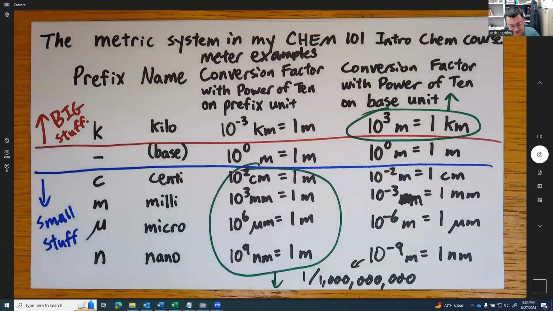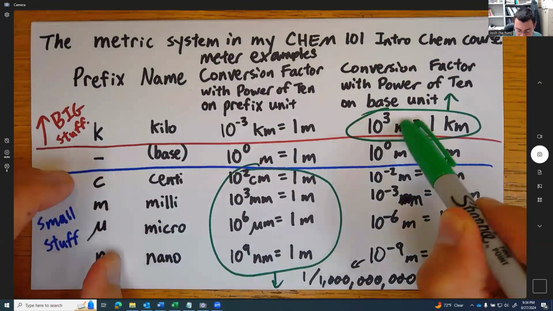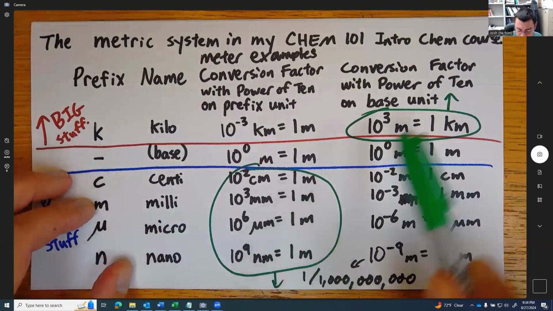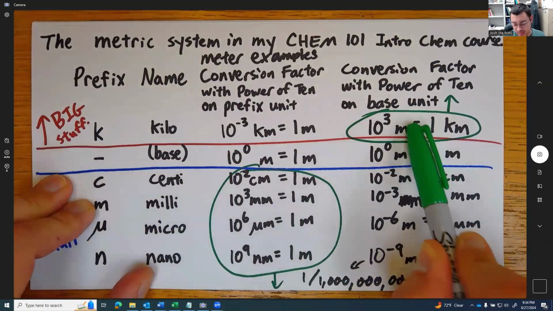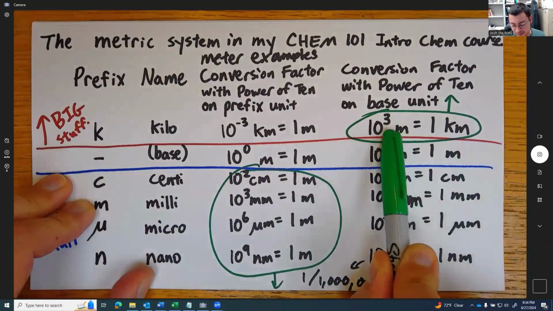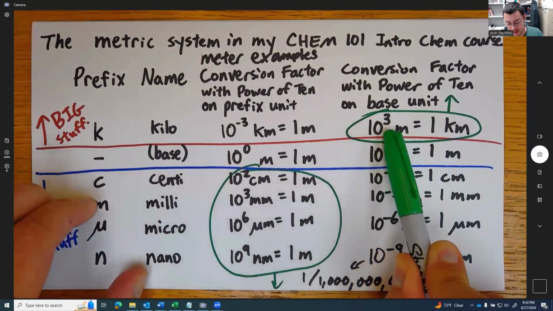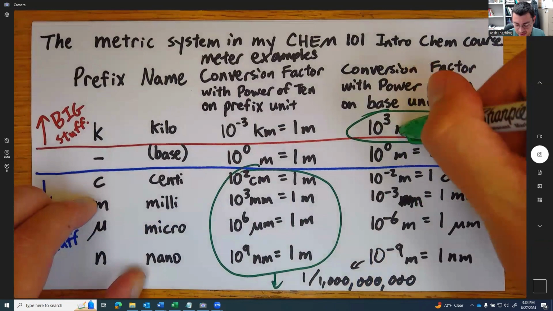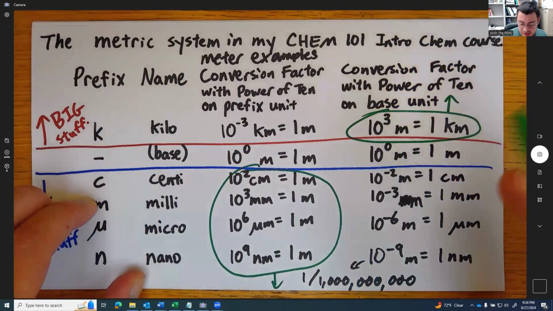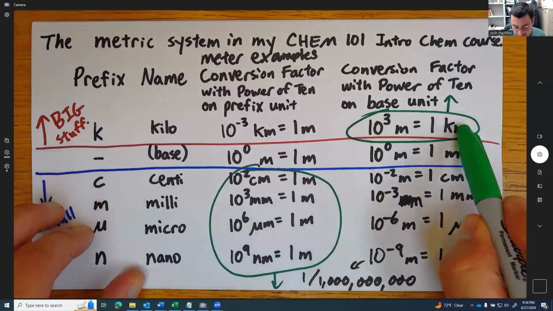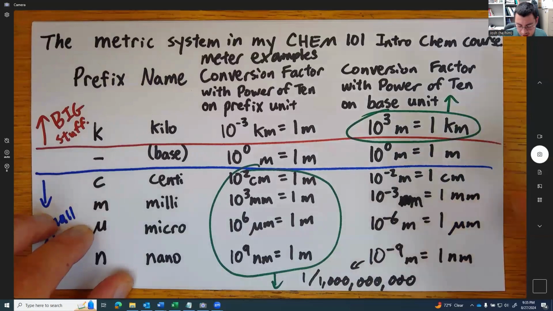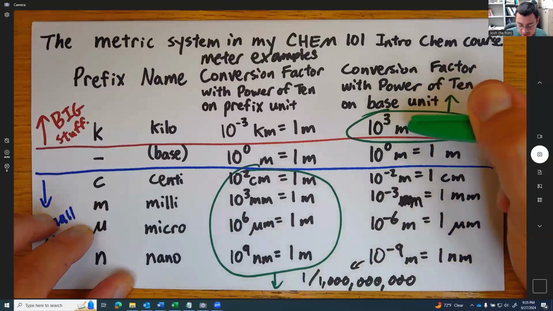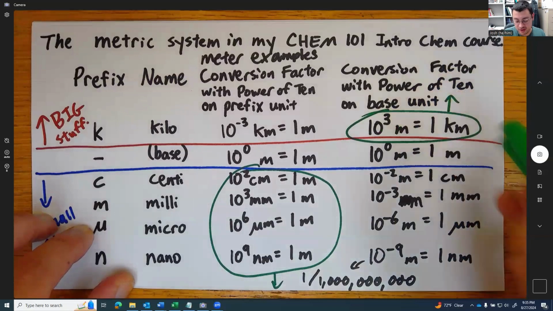Let me get more specific. I want you to see that first, going here, I have a positive power of 10. I say 10 to the third power, 1,000 meters is 1 kilometer. In this case, because the kilometer is the big thing, I need 1,000 of the smaller thing, the meter, to be equal to the 1 kilometer.